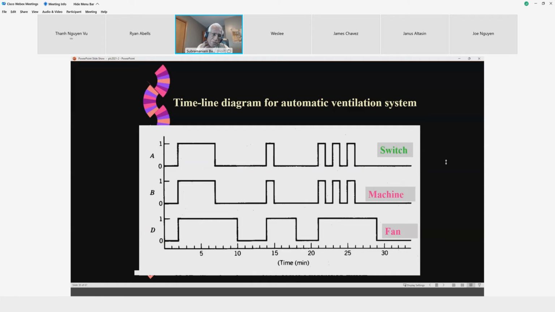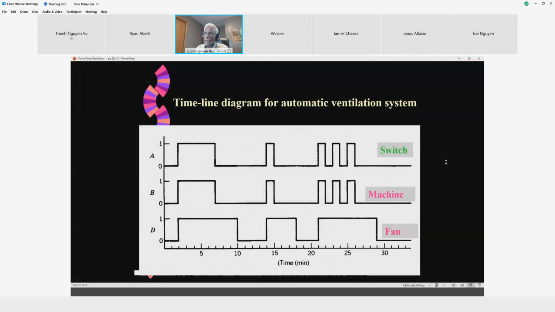One input and 2 outputs. So in this case, I didn't use the XYZ, I used the ABD. So the timeline diagram shows the status of the inputs and the outputs with respect to time, as we looked at it in the last lecture.